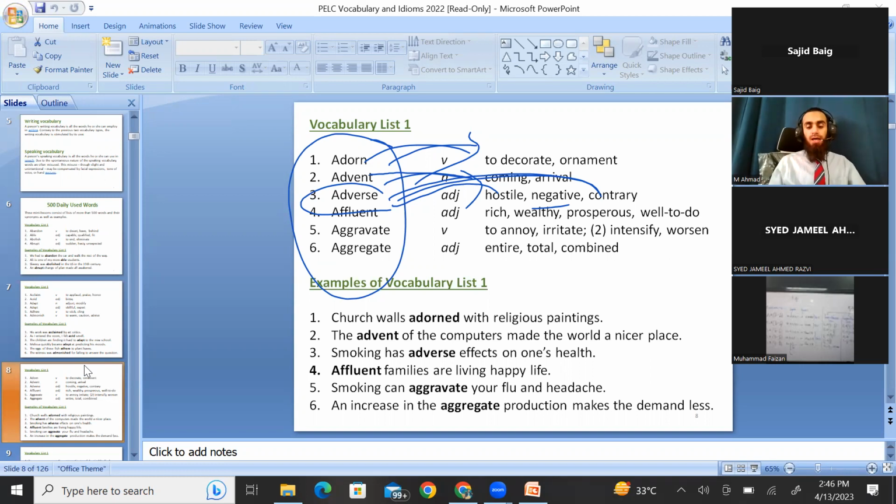A good business is always affluent for the higher management. Right. Okay. Yes. I met an affluent person the other day, a rich person.